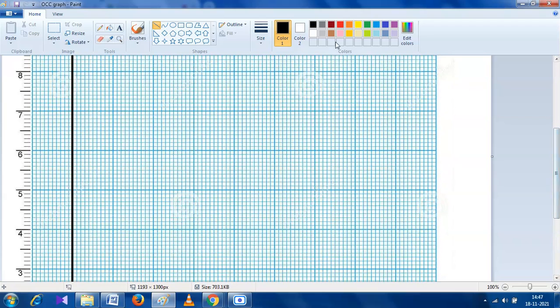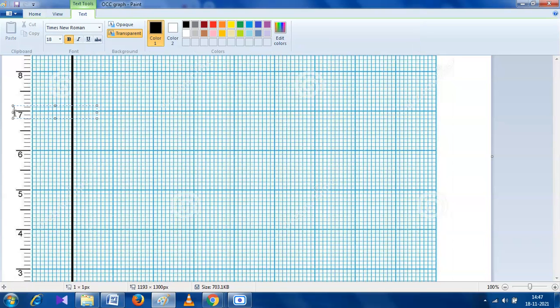And what is the name of the parameter on the y-axis? Voltage. What is the full name of that voltage? No load voltage, or you can say generated voltage. And what should be the unit? Volt.